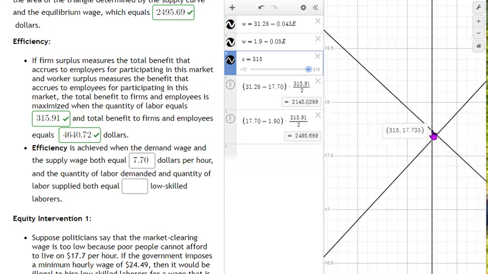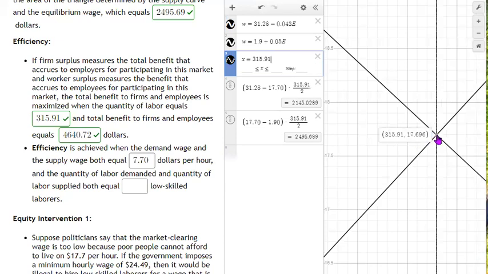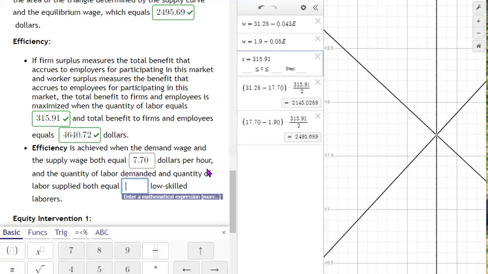So these numbers are very close, the wage rates are really close. But only at the equilibrium does the demand wage and the supply wage both equal each other. And when that happens, the quantity of labor supplied will equal 315.91, the equilibrium quantity. That's the efficiency argument.